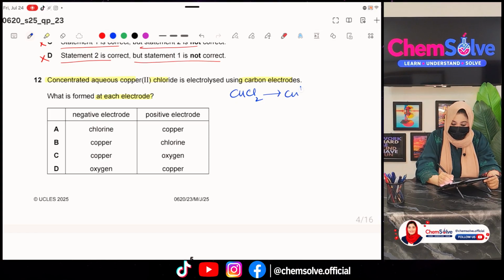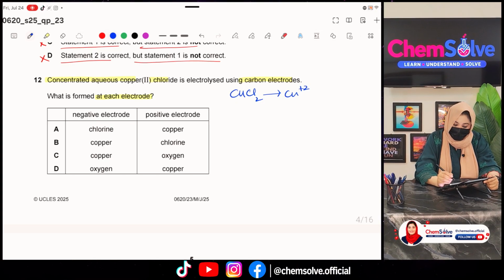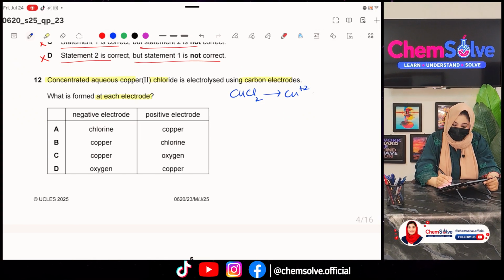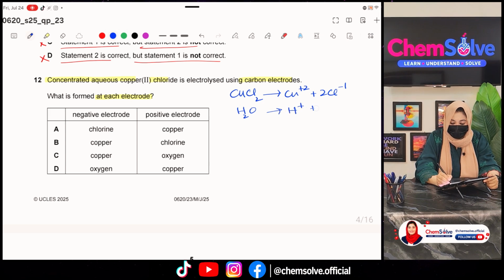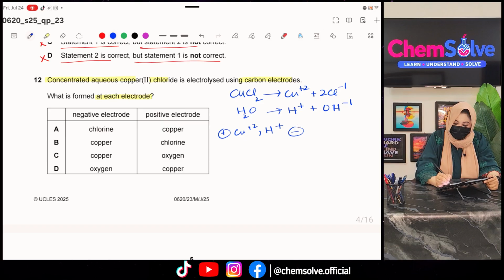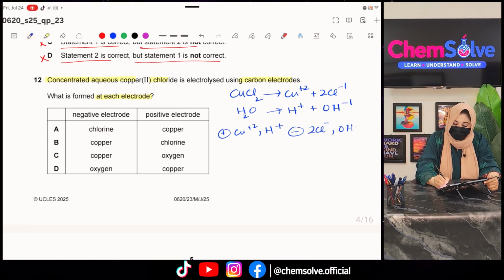If I ionize my electrolyte, it would be Cu2+ and 2Cl-. And of course, it is a solution, so I have to include water as well. That is H+ and OH-. We have two positive ions, Cu2+ and H+. We have two negative ions, 2Cl- and OH-.